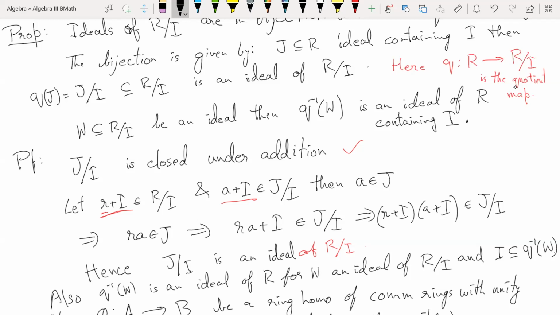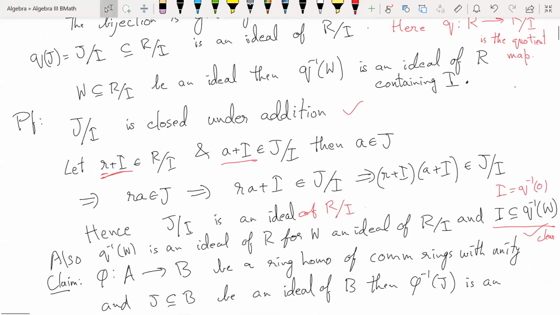So Q inverse 0 will be contained in Q inverse W. So this part is obvious, from the fact that I equals Q inverse 0. So from there you get that I is going to be contained in Q inverse W. So the only thing one has to check is that Q inverse W is an ideal of R.